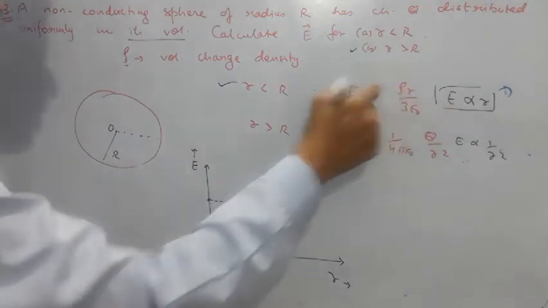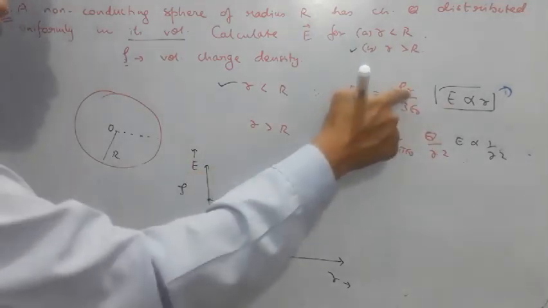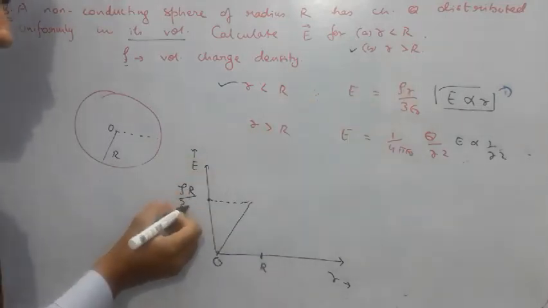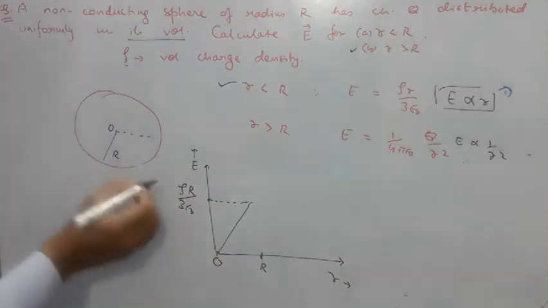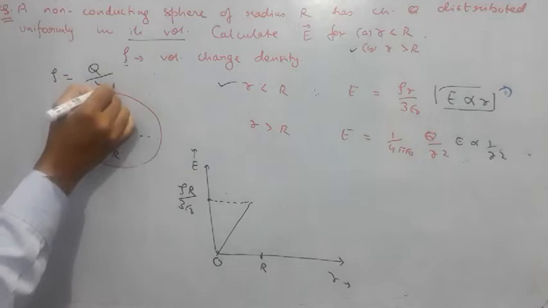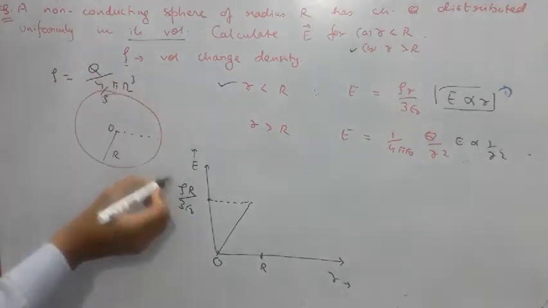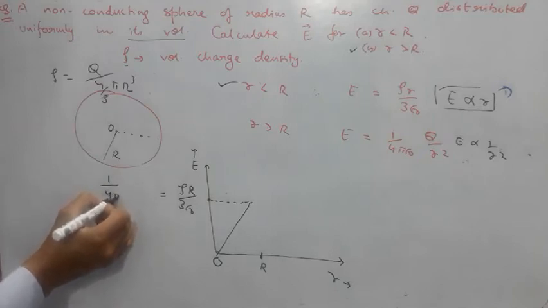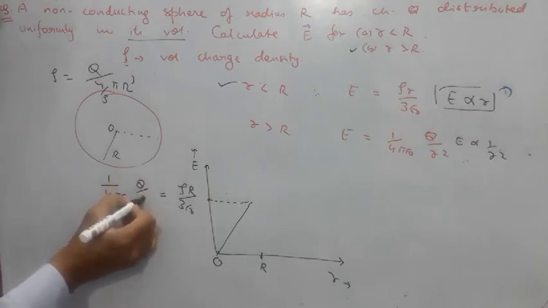You can check it out. It will become rho, instead of small r, what will you write? Capital R, upon 3 epsilon naught. And if you put the value of rho is equal to q upon 4 by 3 pi R cube, you will find it will become 1 by 4 pi epsilon naught q upon capital R square.